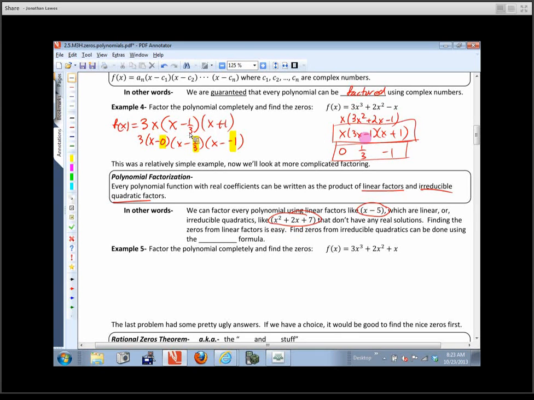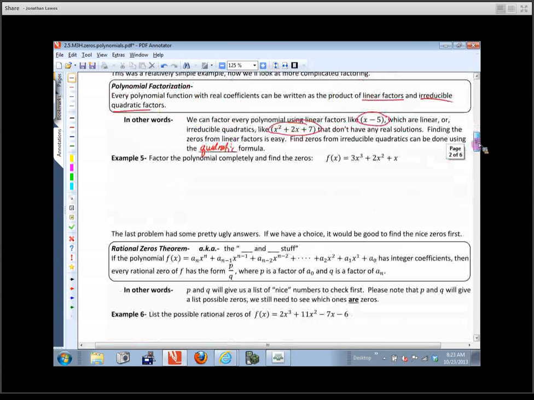Finding the zeros from linear factors is a piece of cake. Looking at that and knowing the zero that comes from that is 5 is very easy. Knowing the zeros that come from this is a little more difficult, but again, you can always use the quadratic formula, and many times that's what we'll use on irreducible quadratics.